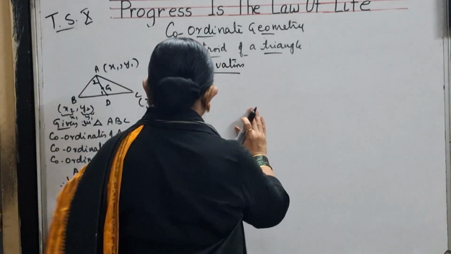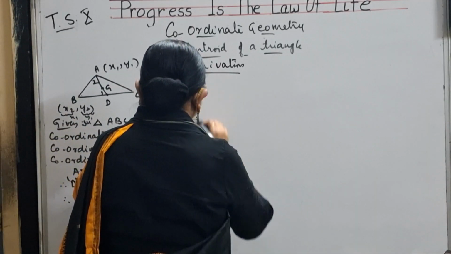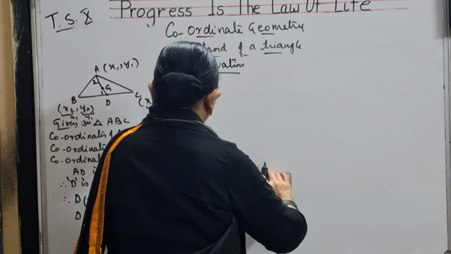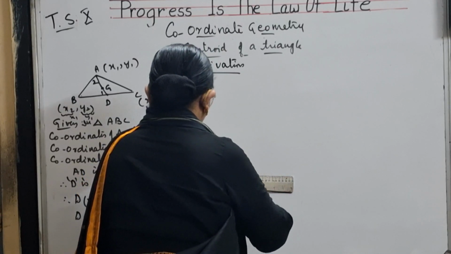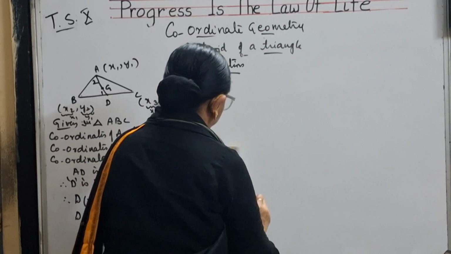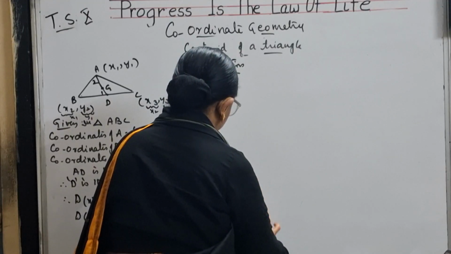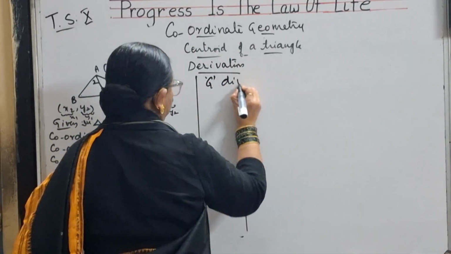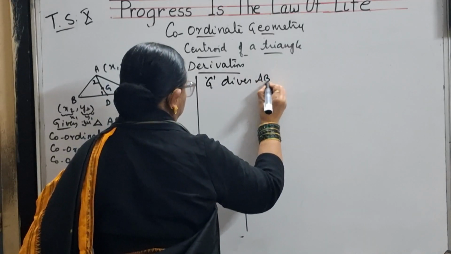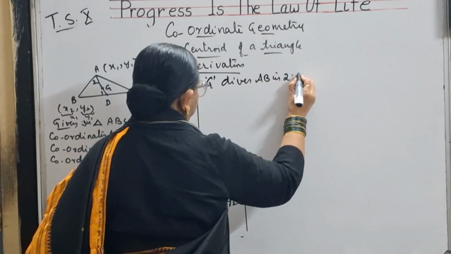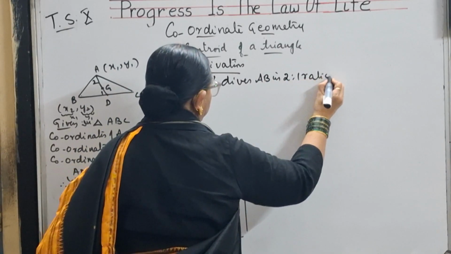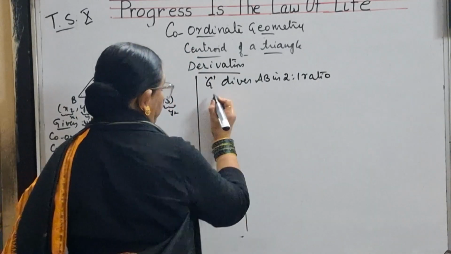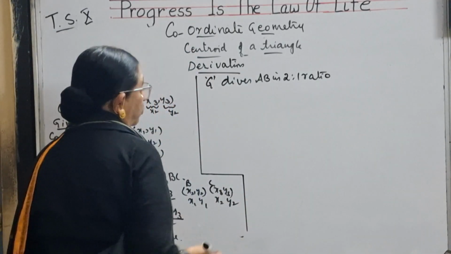Now, we also know that G is the centroid. So this centroid divides AD in 2:1 ratio. So again, section formula only.